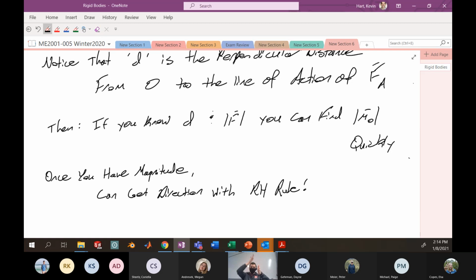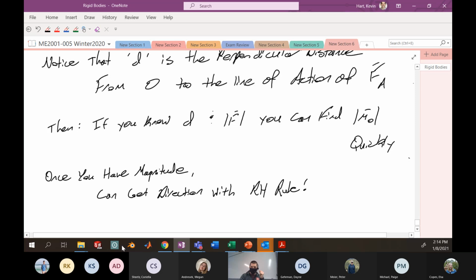Well, if you know the magnitude of this force and it's running perpendicular to your point of interest, then whatever that distance is multiplied by that force is the magnitude of your moment. Then use the right-hand rule to figure out its direction, and away you go. You figured out what the moment is at that particular location from that force. Very cool, very slick.